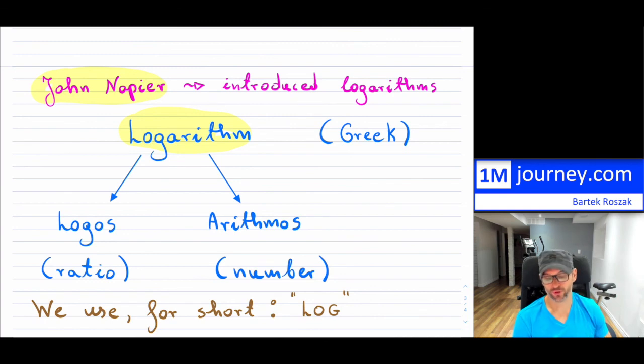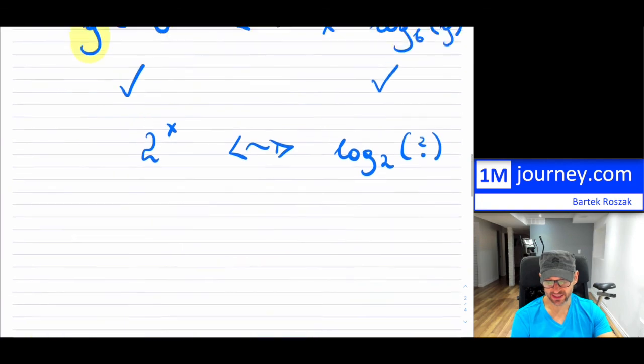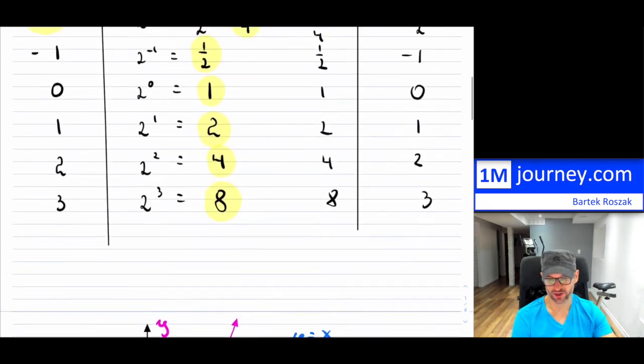And the word logarithm comes from Greek. It comes from two words: logos, which is where you see that log, and logos means ratio, which should make sense to you in math, and arithmos means number. So it's a ratio number, and for short, we always just use log to some particular base that we want, so some base b. That's the introduction to the logarithm function for you.